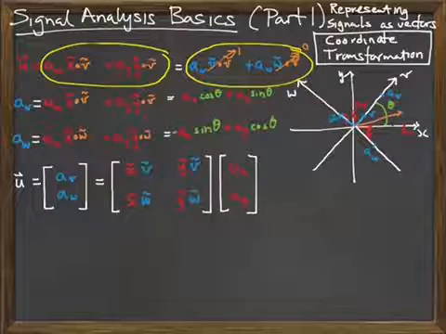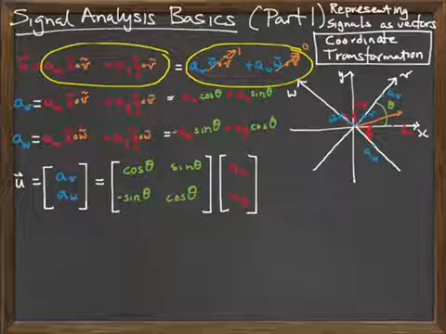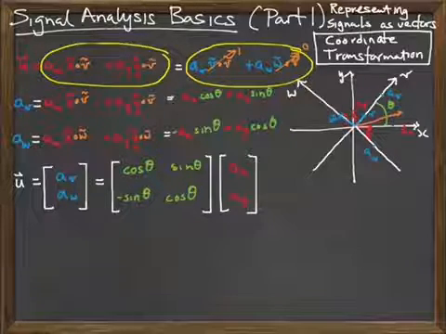For example, we can change it to our cosines and sines. This is definitely much easier to see in terms of a diagram, how one can transform from one axis to the other.